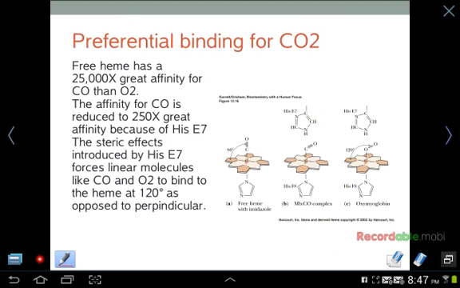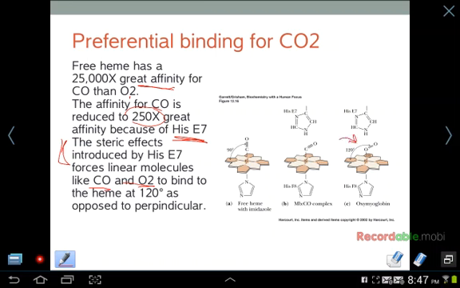So, interestingly, free heme has a 25,000 times greater affinity for carbon monoxide than for oxygen. Now, when the heme is in myoglobin, that affinity is reduced to only 250 times greater because of histidine E7. The steric effects induced by the histidine force linear molecules like carbon monoxide and O2 to bind at the heme at a 120-degree angle.